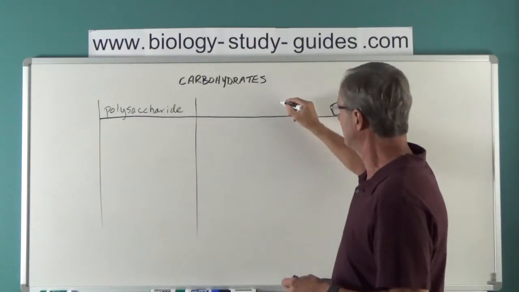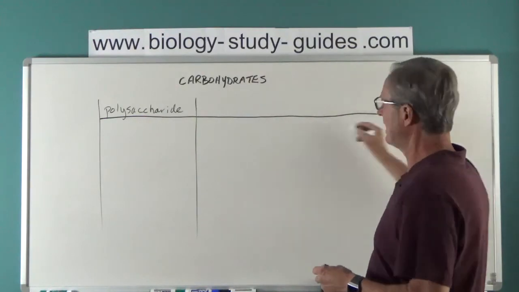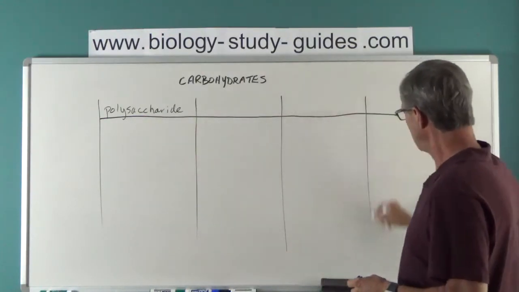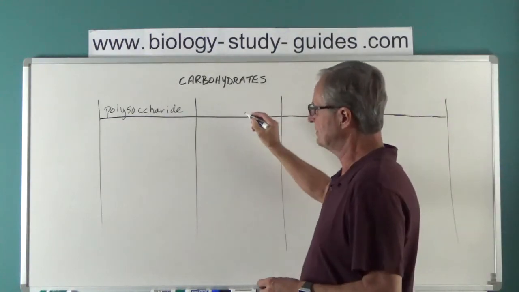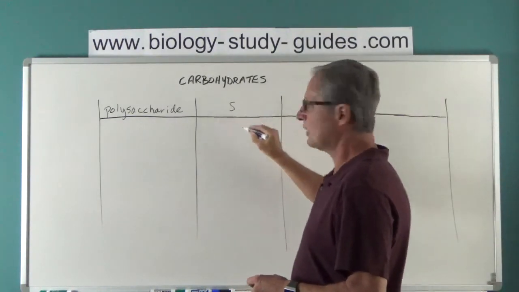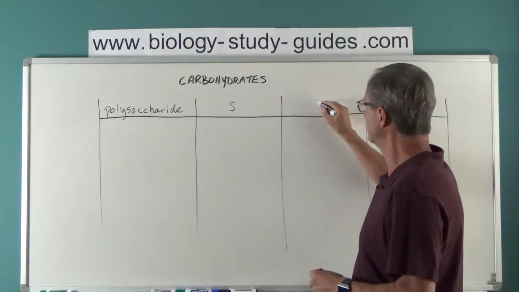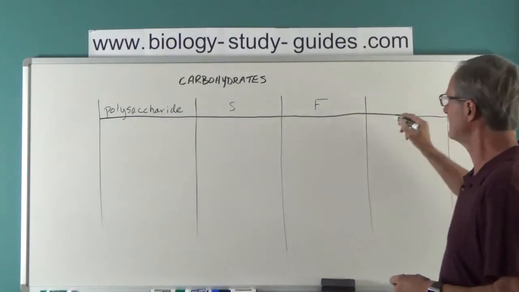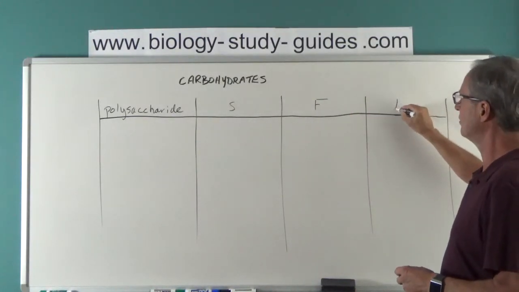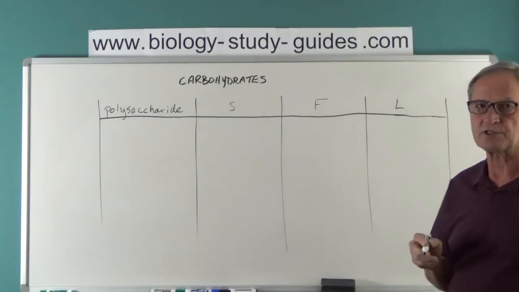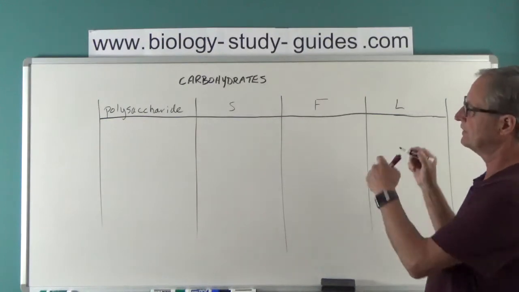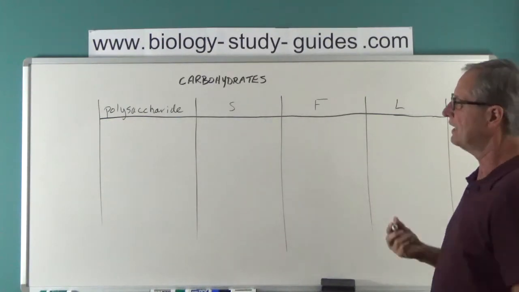Well, this is a good example of how to do that. If you can contrast these things, you can contrast structure, function, and location. Oftentimes things in biology can be contrasted in terms of structure, function, and location.